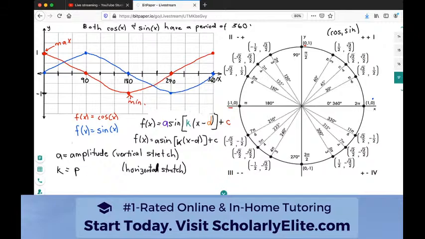Or what's it called? There's a word for it. Oh my gosh, now my brain is going to completely give up and not tell me what the word for that was. We'll just call this the horizontal stretch, that's fine. Basically, it tells us what the period is, but I'm going to show you guys the formula for that.